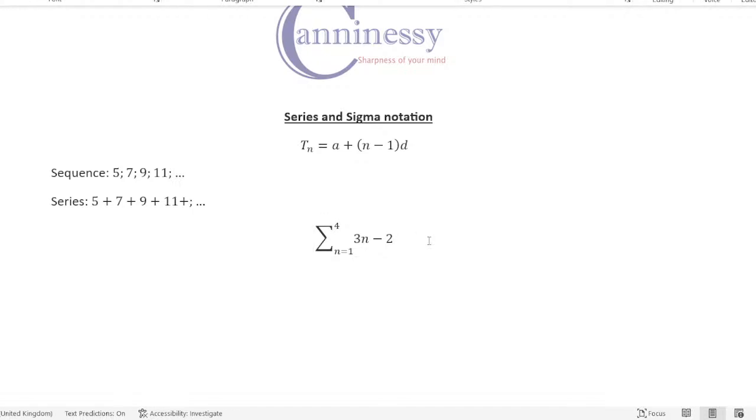So now let's get the sum of the terms. How can we get the sum of the terms?